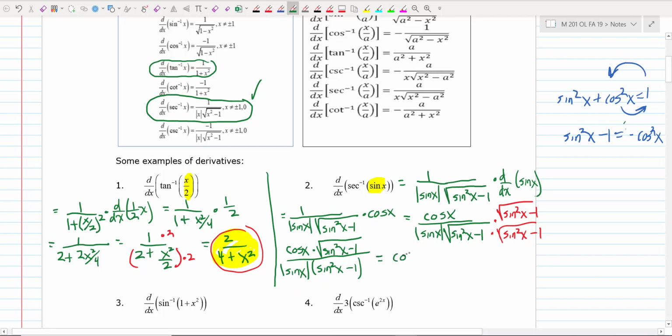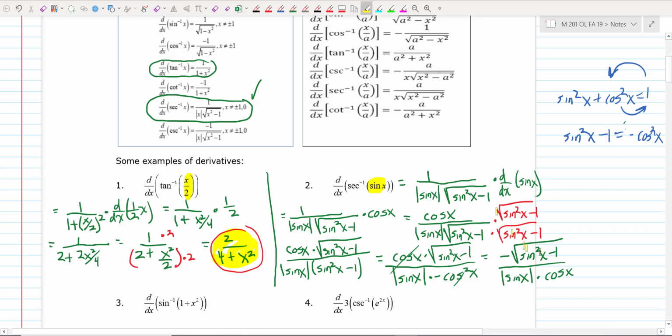So we would have cosine x times the square root of sine squared x minus 1 all over absolute value of sine x, and then we can replace that with negative cosine squared x, and then we'll have one cancellation. You could cancel one of the cosines out. You have a leftover negative, so you would have negative square root sine squared x minus 1, and then we would have absolute value of sine x times cosine x.